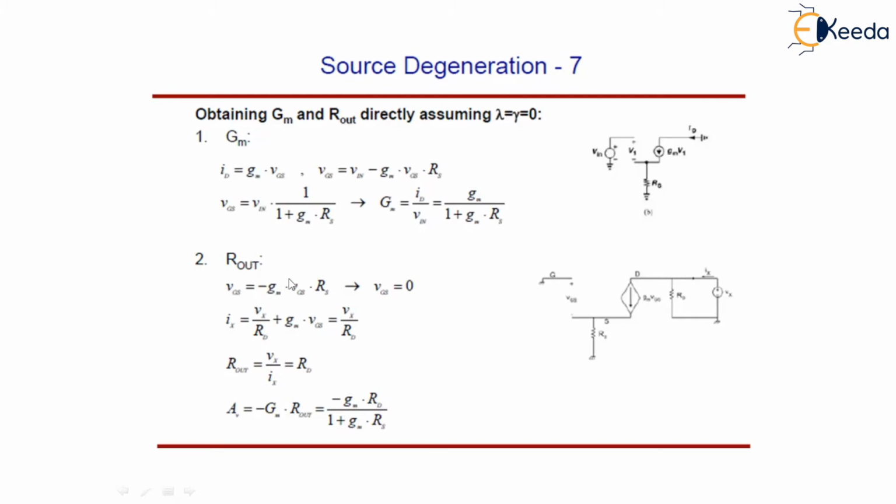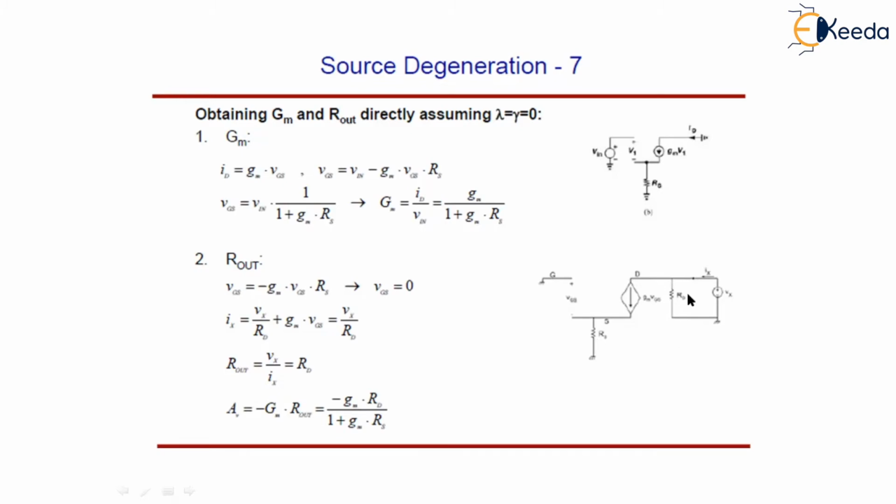Rout can again be calculated by taking the input voltage as grounded, so Vn is 0 now. VGS is simply the voltage drop in this, minus Gm VGS into Rs.